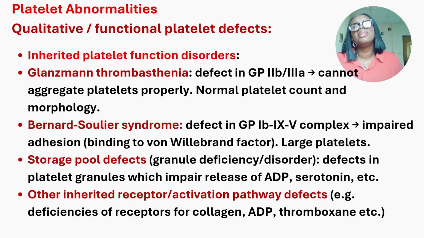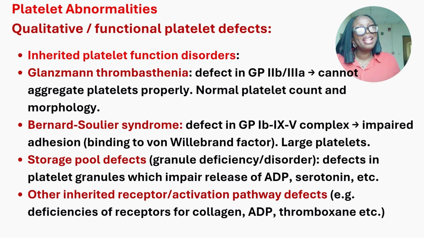And we have another inherited disorder of platelet called storage pool defect. Now, this is a granular deficiency disorder. You know, when platelet adheres to the site of injury, it is activated. When it's activated, one of the things it does is release its contents, the granules.